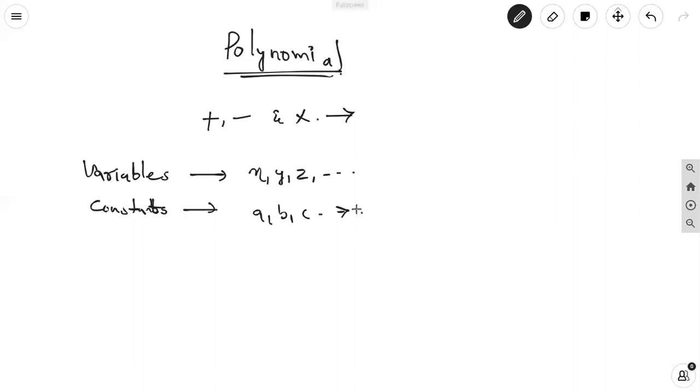The last alphabets are taken as the variables, and the first alphabets we can take as constants. But we can also take constants in notation such as n minus 1 or abc, like that. We can take any expression.